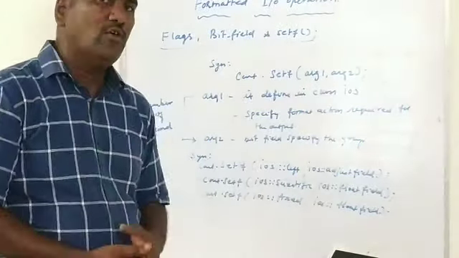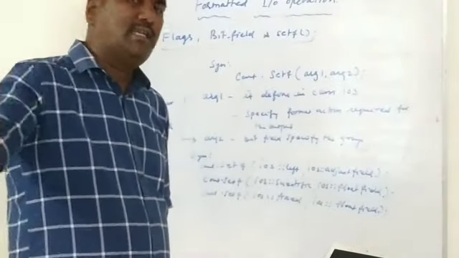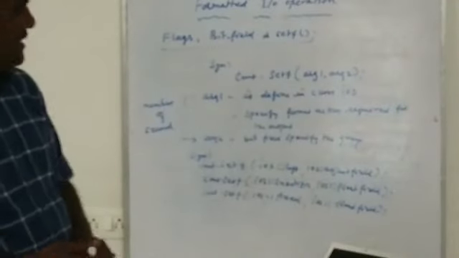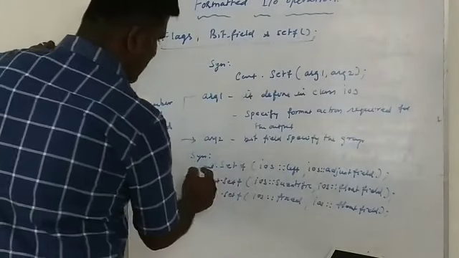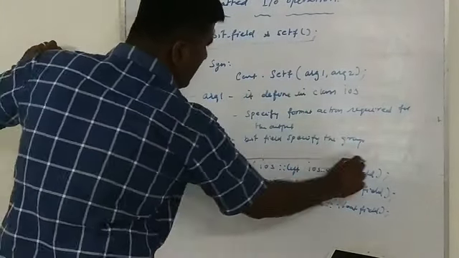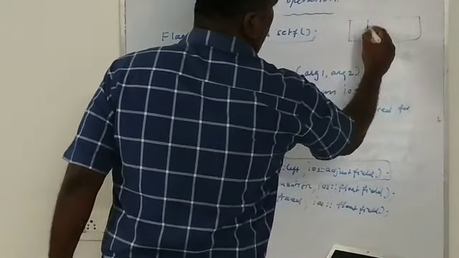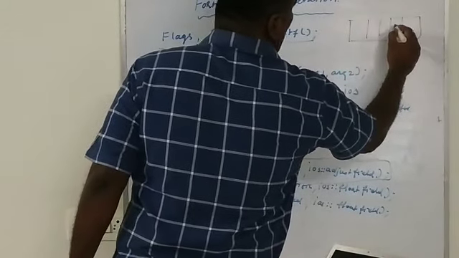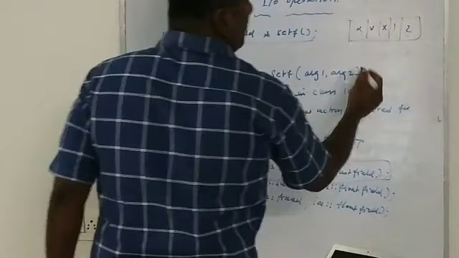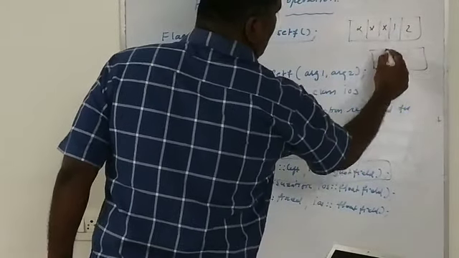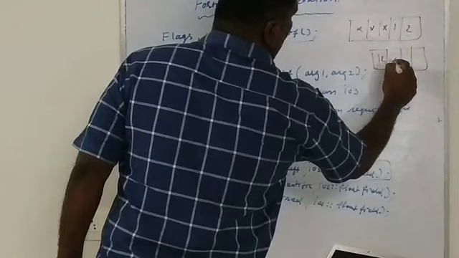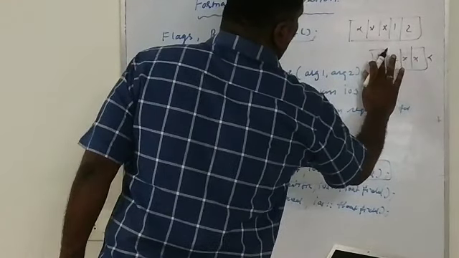In previous cases the default output is present right to left, but using this the output will be present left to right. Previously the output was like 1, 2, 3, 4 with stars in front, but now it will be 12 star star star.